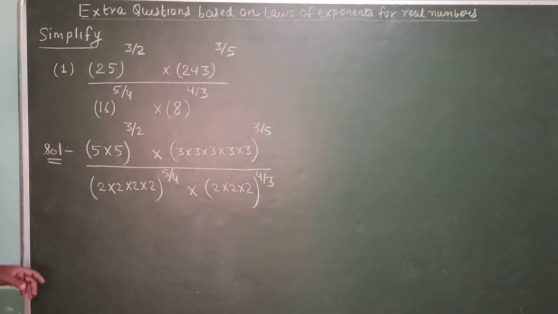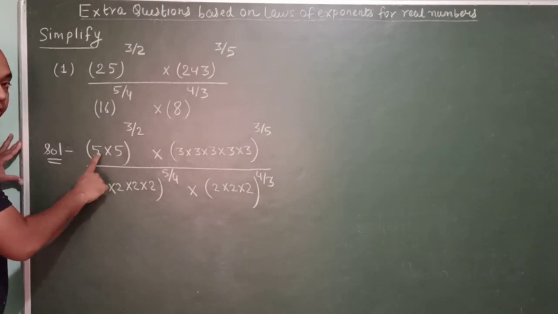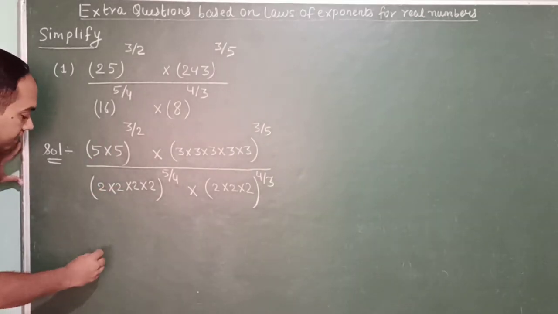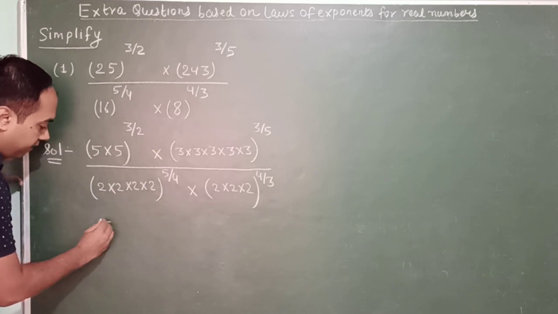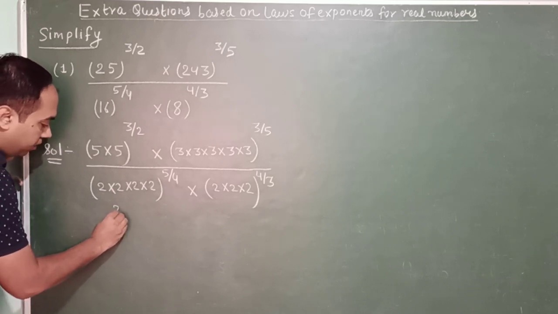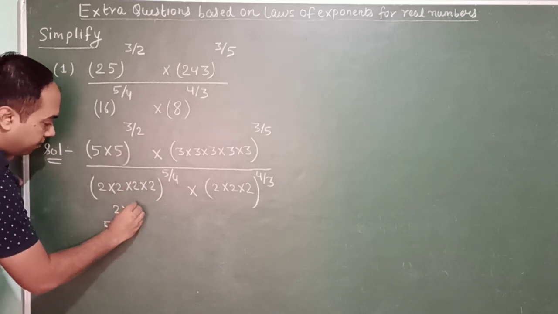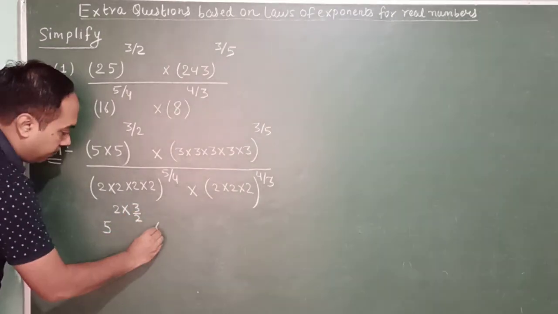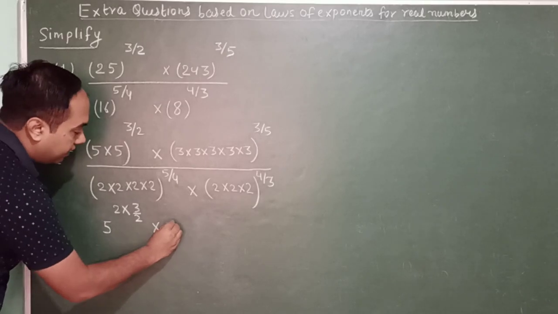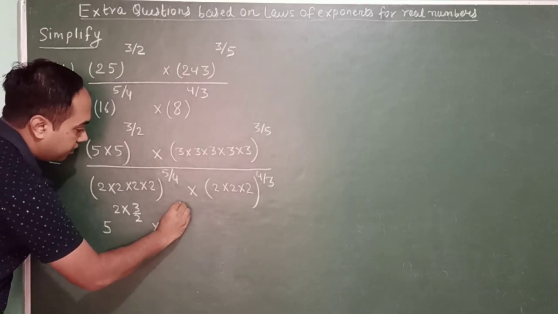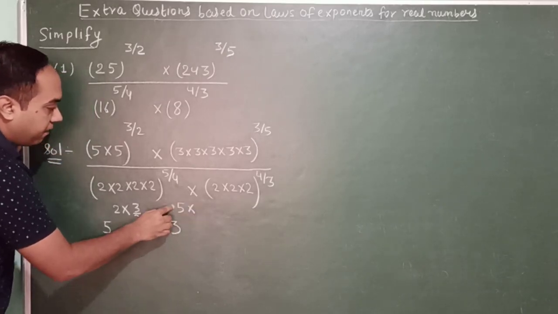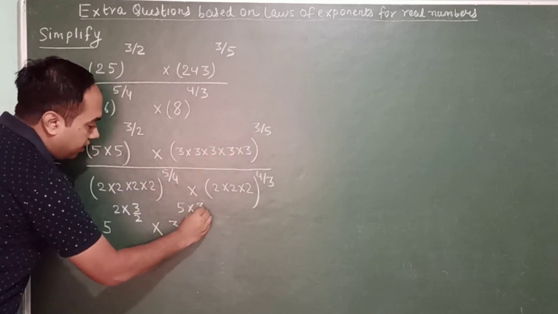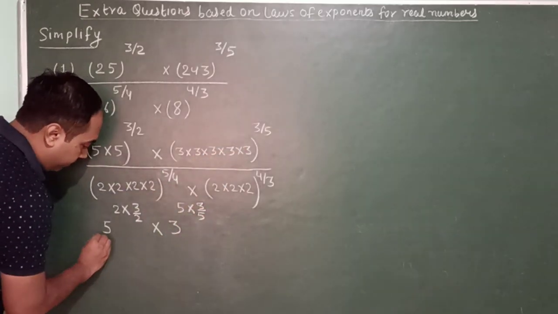Now in the next step, see 5 is repeating itself 2 times, so this thing can be written as 5 power 2 and outside the power is 3 upon 2. Multiply sign. Then 3 is repeating itself 5 times. So I have written 3 power 5 and outside the power is 3 upon 5.